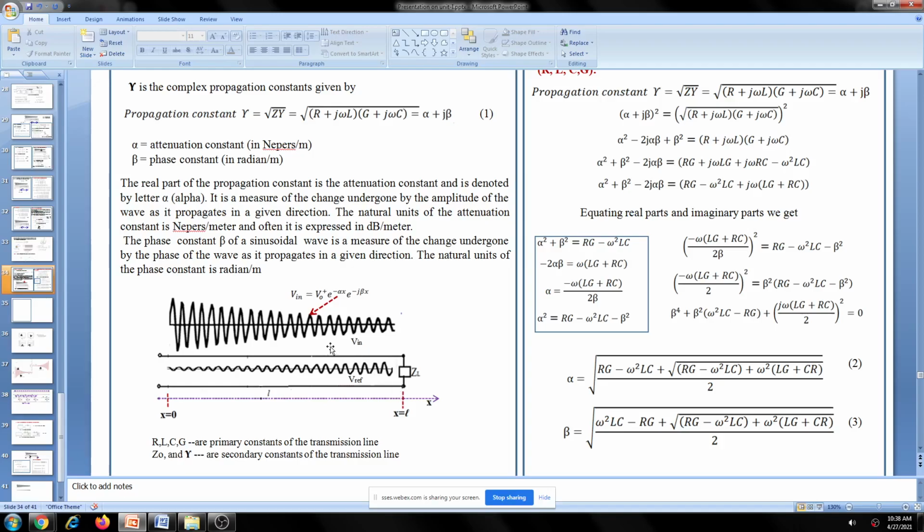For example, it decreases by 2 volts per meter, and 10 volts I have given here. The length of the line, for example, is 4 meters.